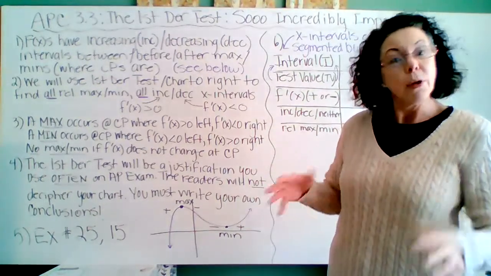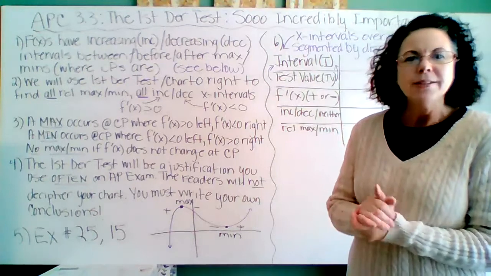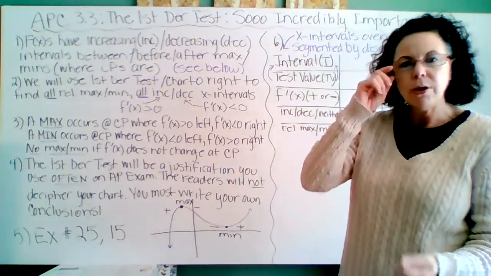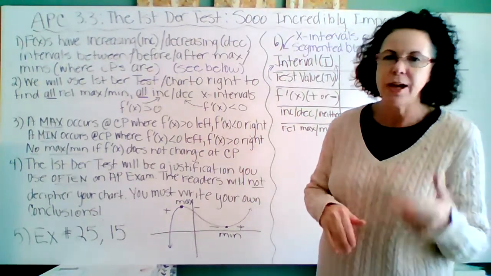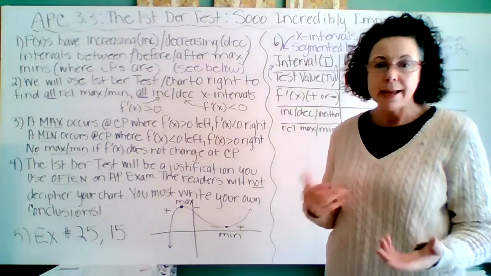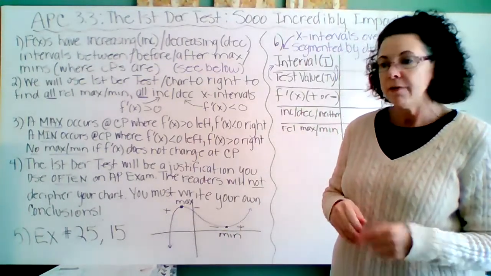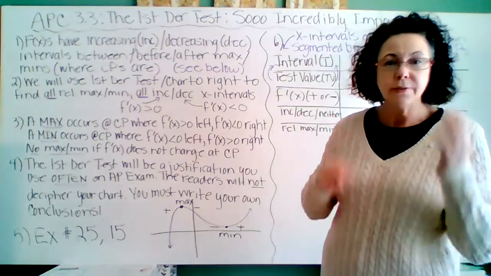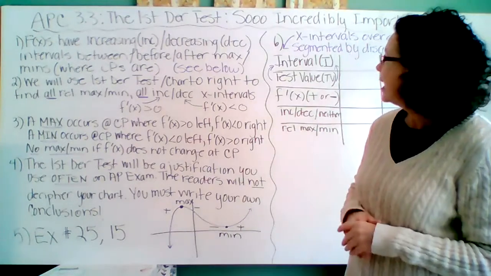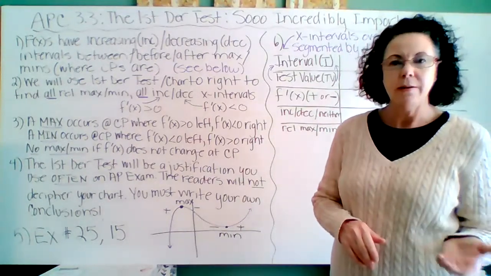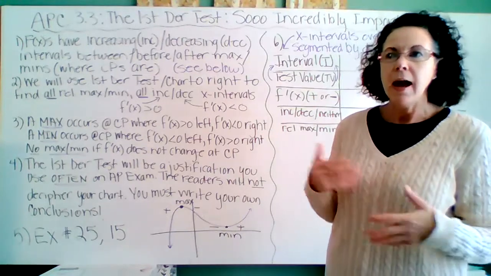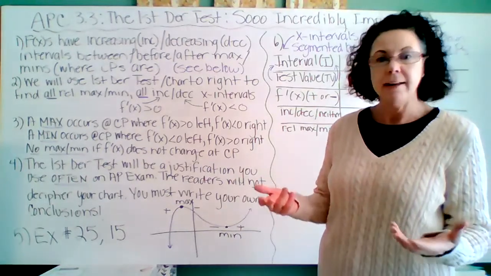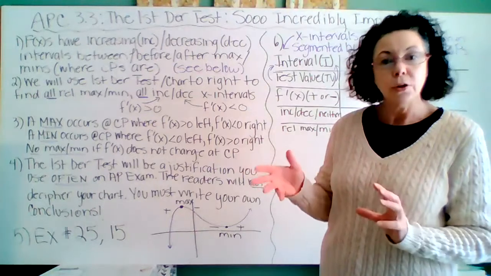You're just applying them. Okay, so you learned in the prior sections of chapter 3 how to find maximums and minimums, how to find extrema on closed intervals. So what we're doing today is, can we find maximums and minimums on functions that are not on closed intervals?